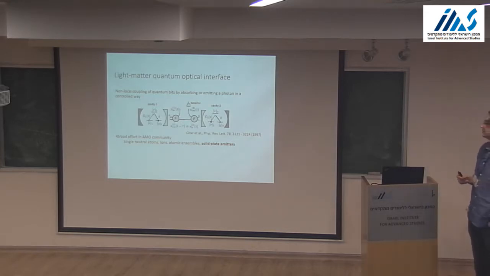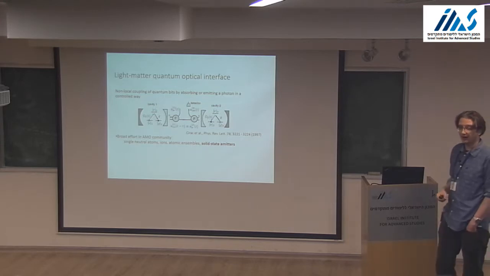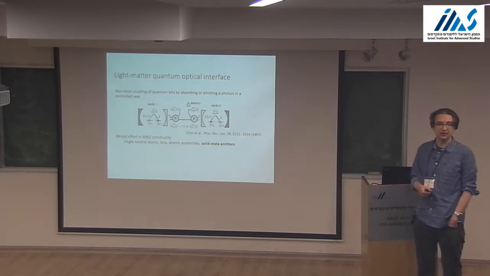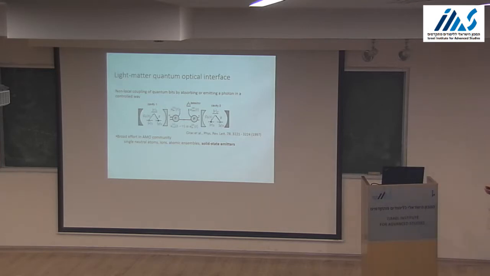And so nowadays there is quite a bit of progress in making such devices using neutral atoms and ions placed in very high quality optical resonators, but also in solid state systems, so in solid state emitters.